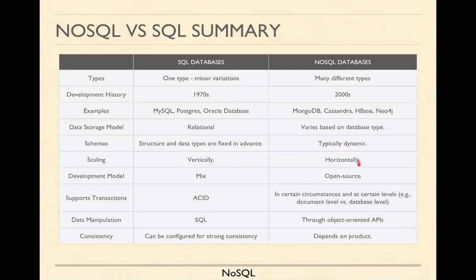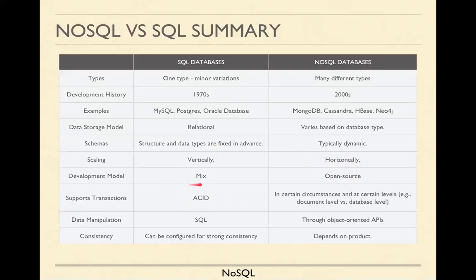In the case of NoSQL, almost all the NoSQL databases are horizontally scalable. The development model in the case of SQL is mixed. For example, MySQL was open source, and Oracle and Microsoft SQL were proprietary. In the case of NoSQL, most of the NoSQLs are open source.